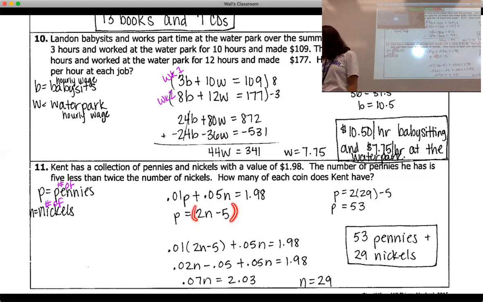So we just replace this for p, plus 0.05n equals $1.98, and then you just multiply through and solve for n. We end up with 29 nickels and 53 pennies when you finish solving that whole problem.